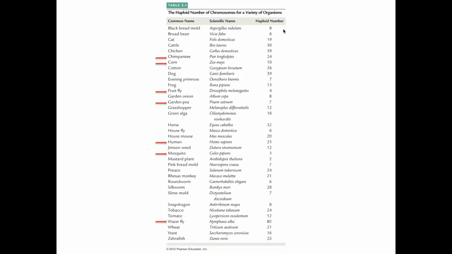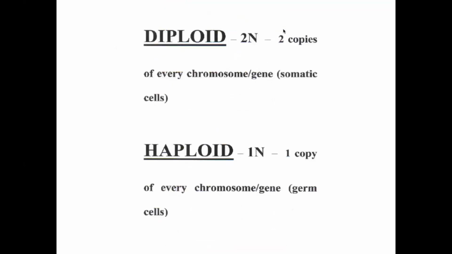So that's what we call a diploid state. A haploid state would have 1 copy of each unique chromosome that you would find within the nucleus of the eukaryotic cell. So as for definitions, diploidy, sometimes referred to as a 2N state, means you have 2 copies of every chromosome in the nucleus of the cell of the organism, and therefore 2 copies of every gene.